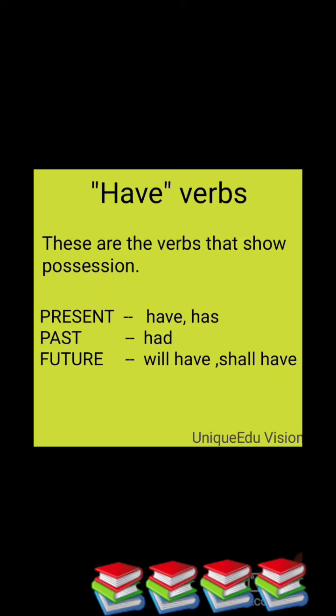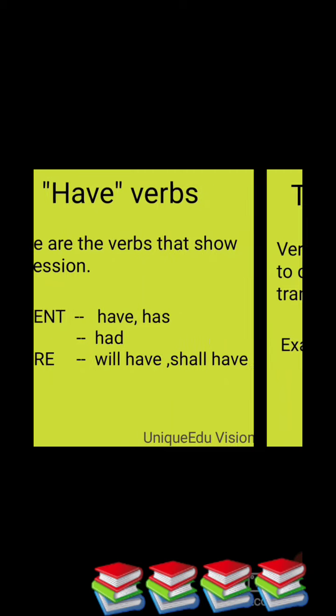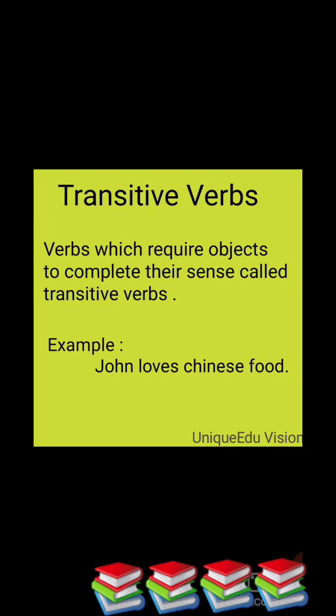So let's discuss this kind of verbs. Transitive verb. What is transitive? Verbs which require an object to complete their sense are called transitive verbs. If there is a requirement of any kind of object to complete the sense of the sentence, then these verbs are transitive verbs.